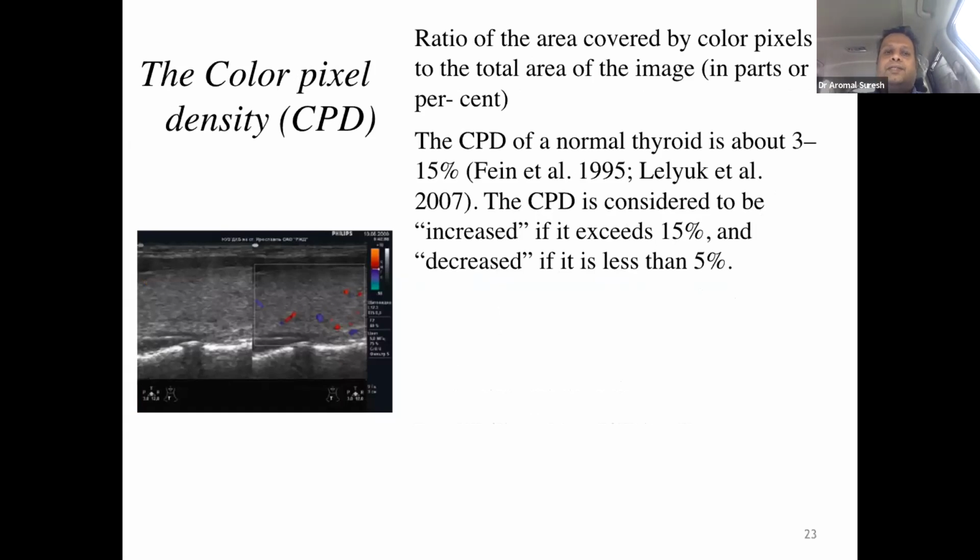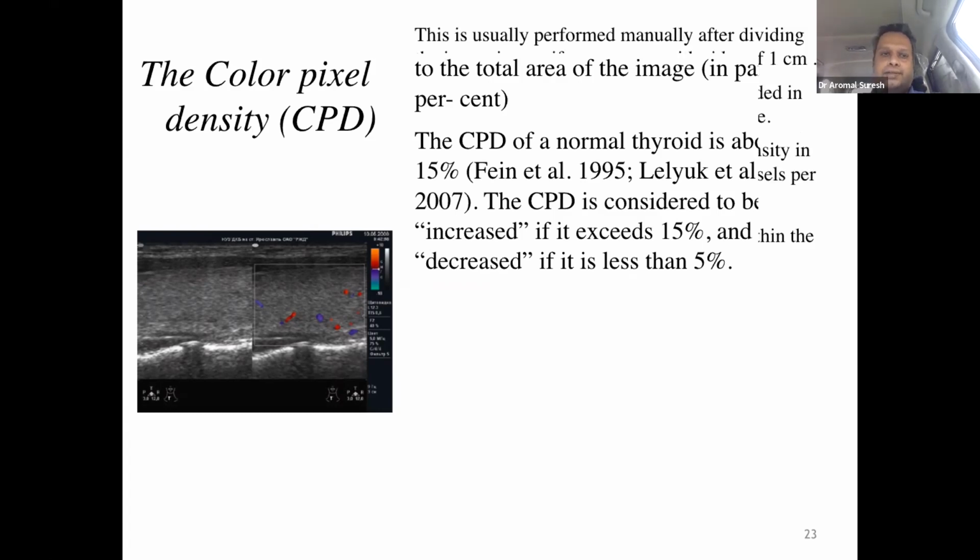Next is the color pixel density. It is an attempt to quantify the vascularity using the color pixel density. This was used commonly earlier; nowadays it is not common. It is a ratio of the area covered by color. It's more manual. If it exceeds 15% vascularity, you can consider it increased, as in hyperthyroid cases.